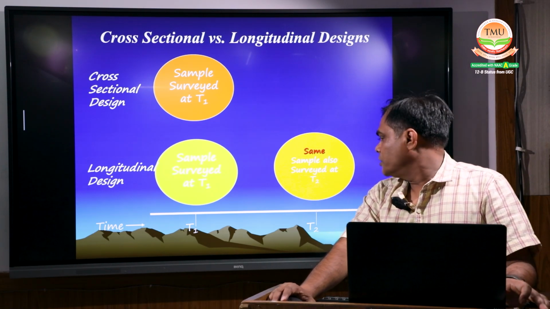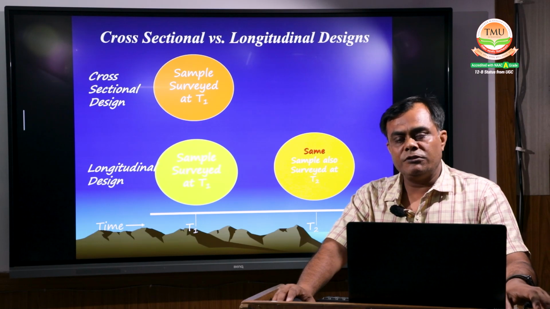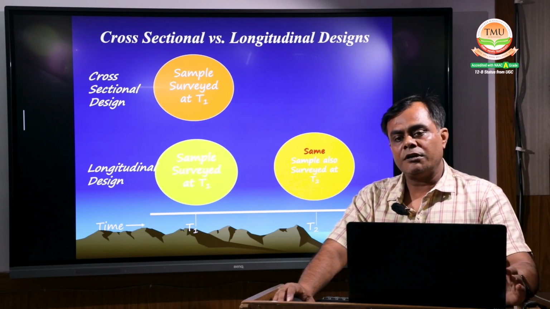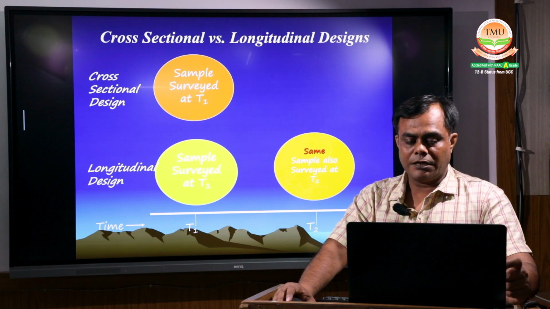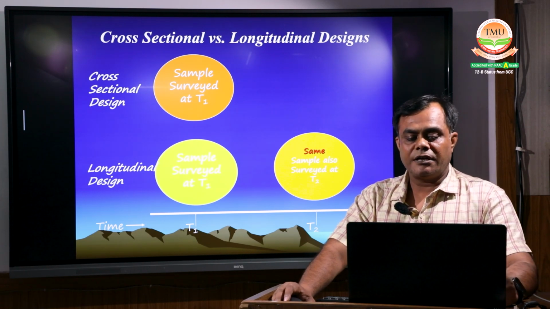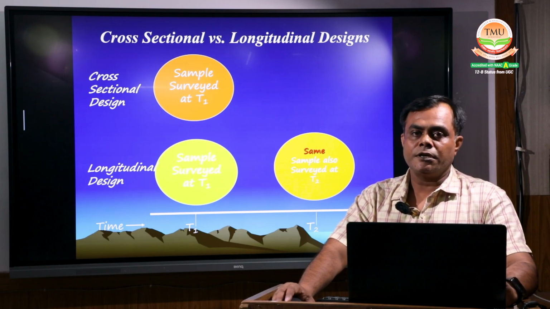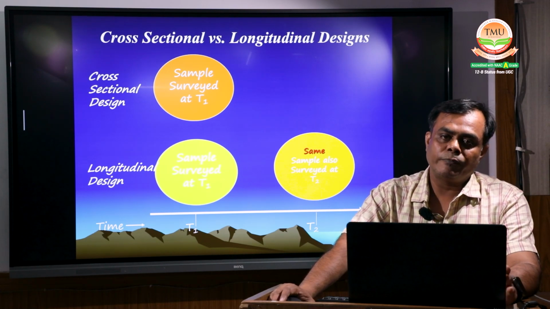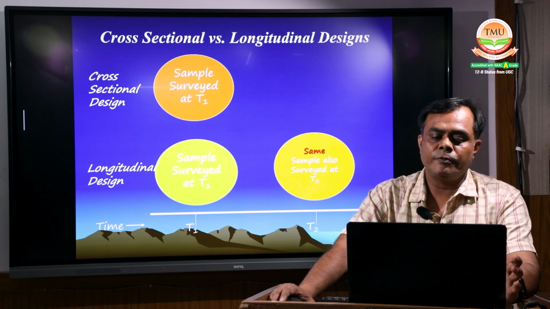T1 is one time and T2 is another time. So at two different times we are getting information from the same sample survey, the same population units or the same population frame.